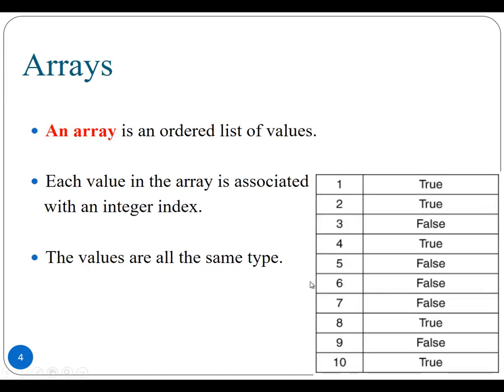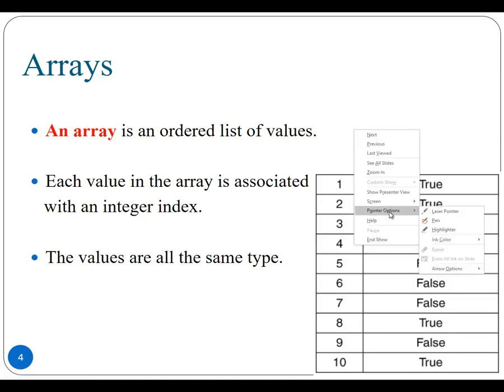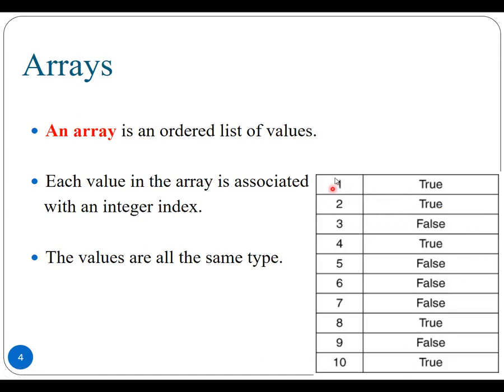Arrays were a simple data structure which had an index and the value. The index was an integer number, and the values were all of the same type.